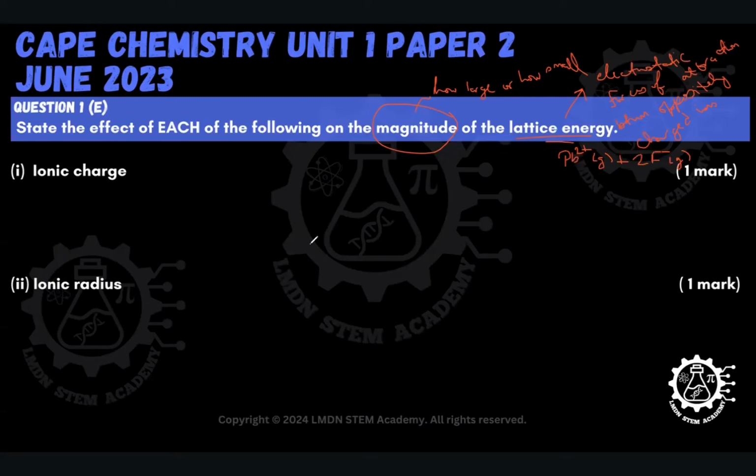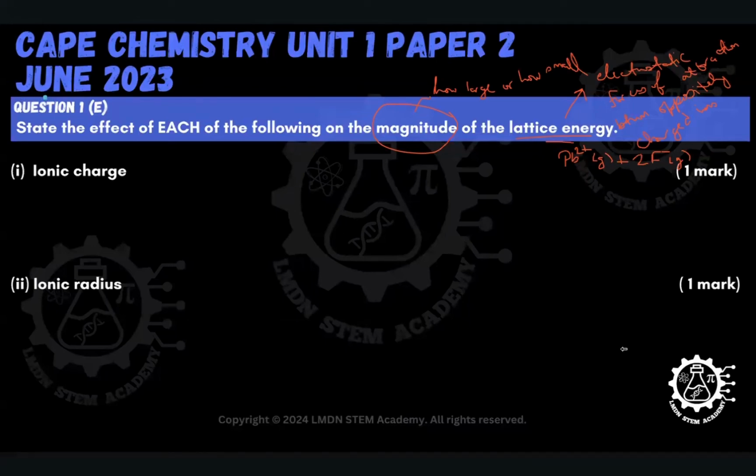And so when we think about ionic charge then, what we see is that the larger the ionic charge, so the larger the charge on the lead ion, that will give rise to a larger magnitude or a higher lattice energy, okay? Because if it's the charges that are driving the lattice energy, the forces of attraction between the charges, the bigger the charge, the bigger the lattice energy is going to be, okay?